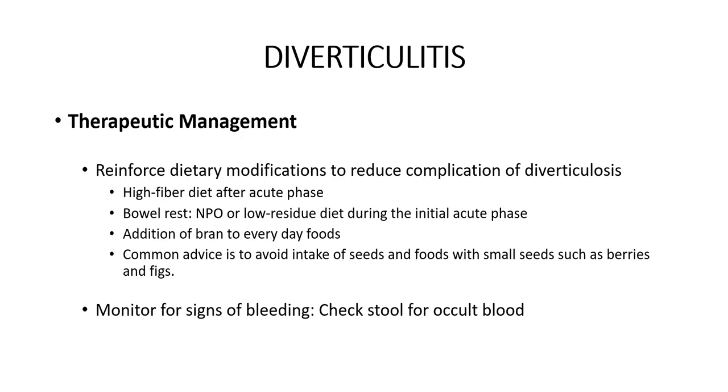High fluids. So you're going to give them fluids unless it's contraindicated. So if somebody has CHF, you're not going to say, oh, drink as much as you want. But you're going to tell them about increasing fluids, maybe 6 to 8 glasses a day. You're going to tell them to eat bran. But watch out for the bran.